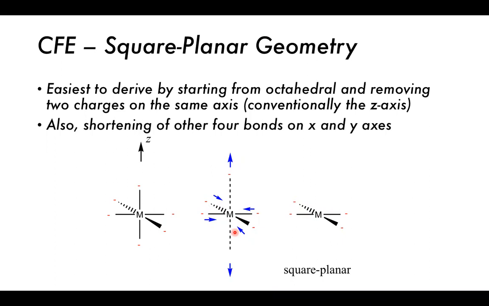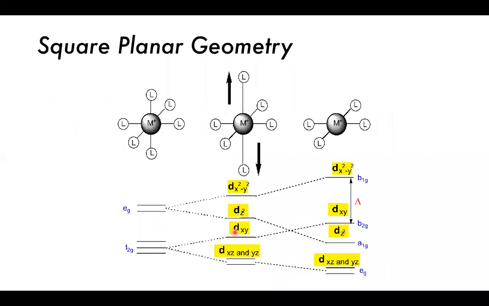It'll be more stable because it's not repelling any electron density from ligands. So the highest energy orbital then will become the dx squared minus y squared, that orbital which points directly along the x and y bonding axis.